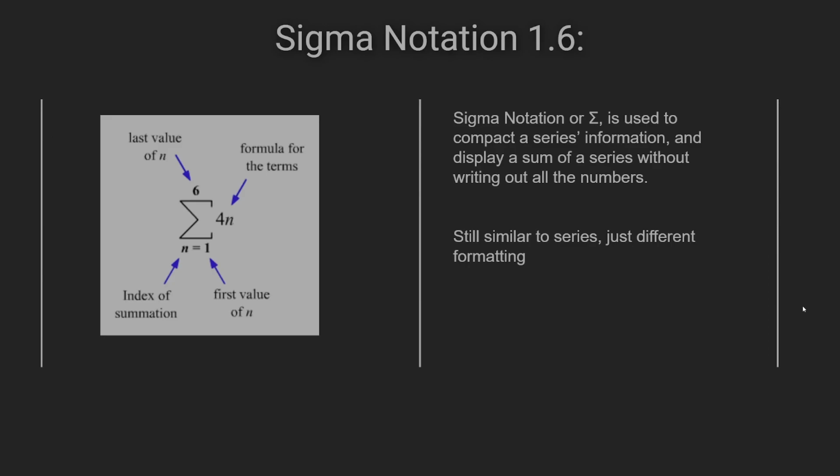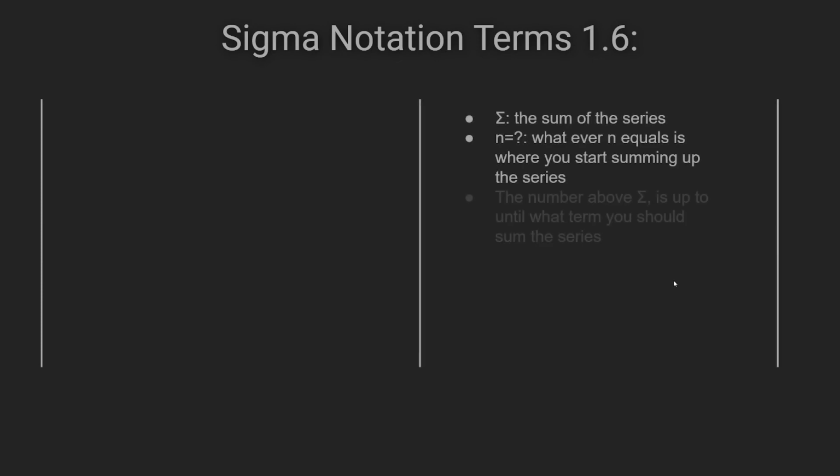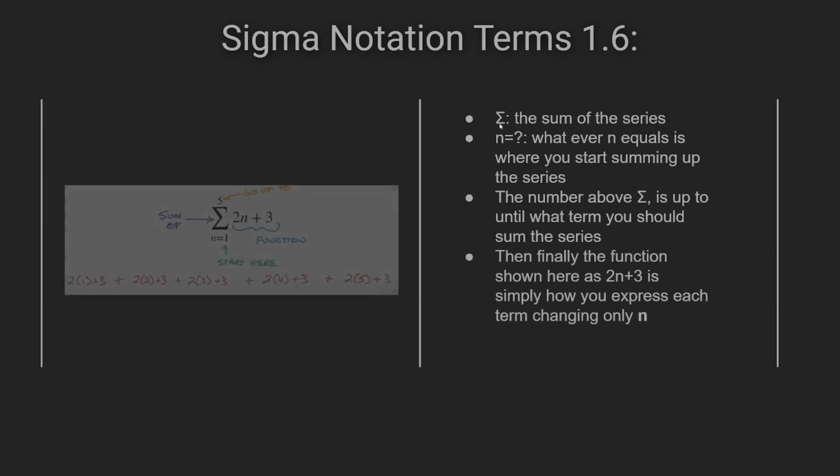So let's look over it. The following terms are used in the notation. The actual symbol is the sum of the series. N equals is where you start summing up the series.